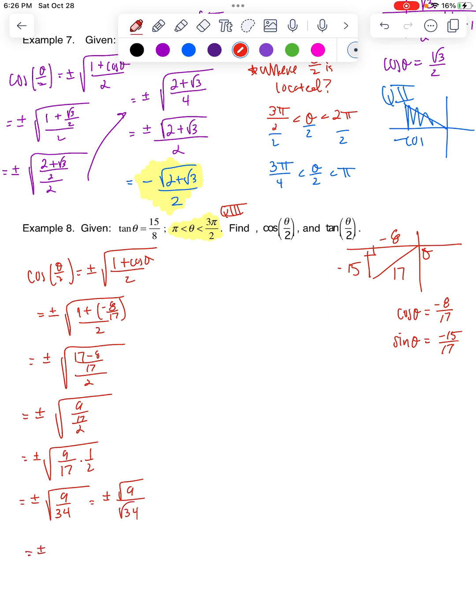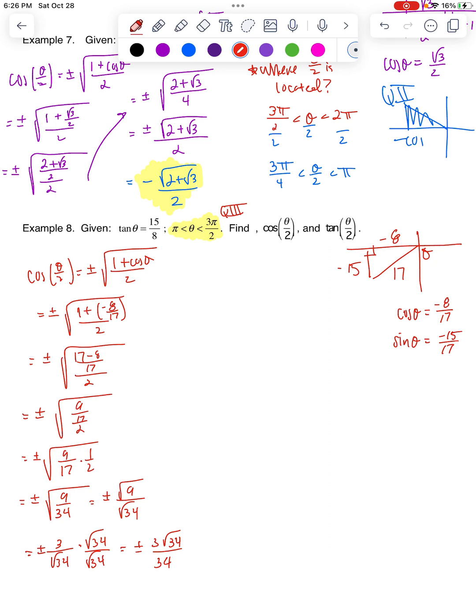So this becomes plus or minus 3 over radical 34. And then we would go ahead and rationalize our denominator. So I'm going to multiply both the top and the bottom by radical 34. So we get plus or minus 3 radical 34 all over 34. Okay, so we can't simplify this any further.